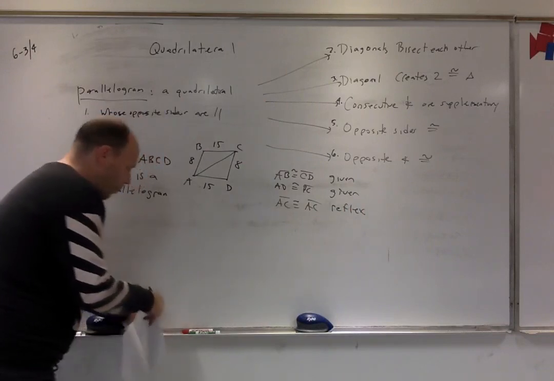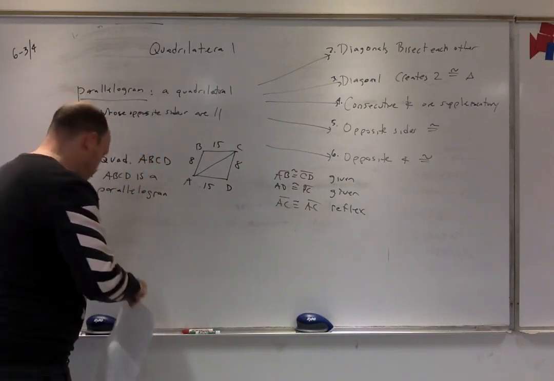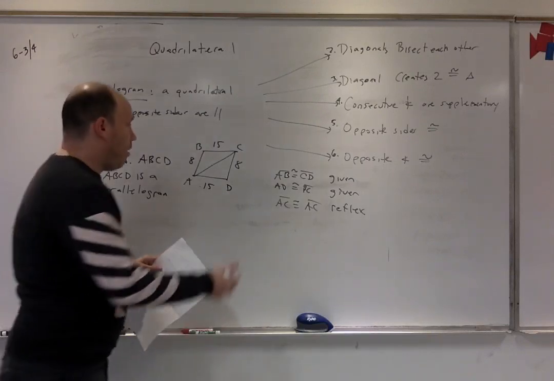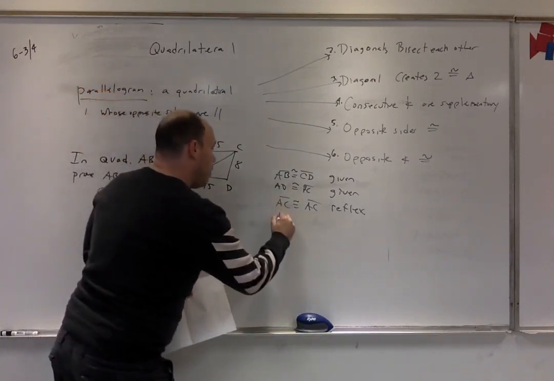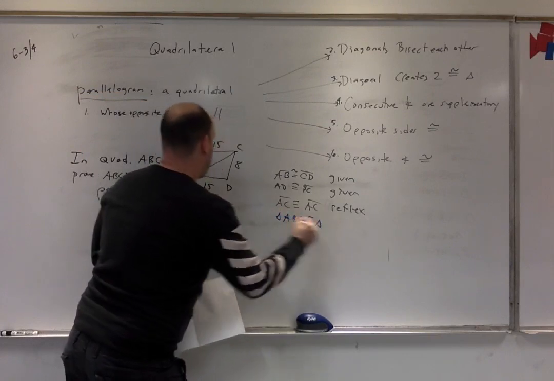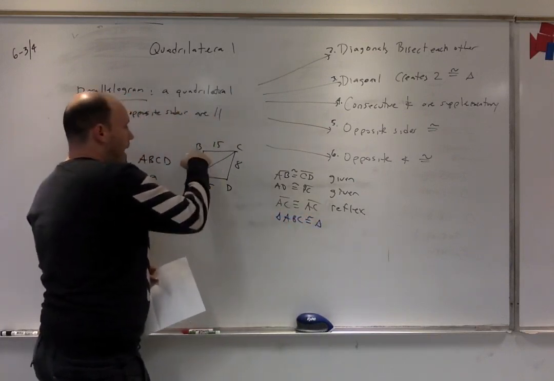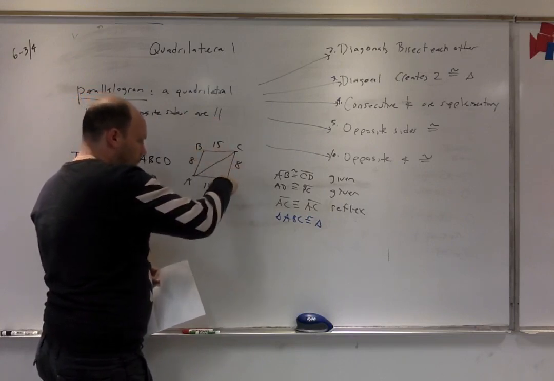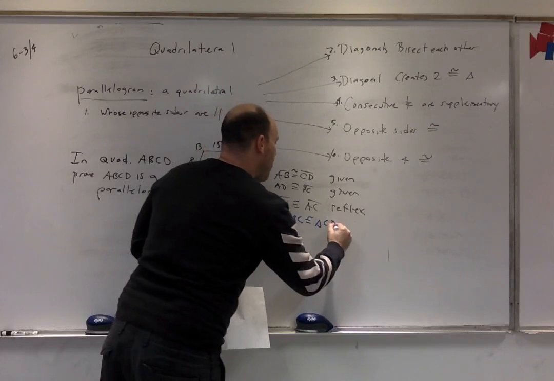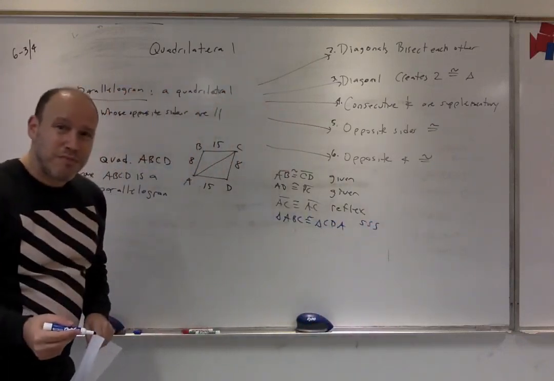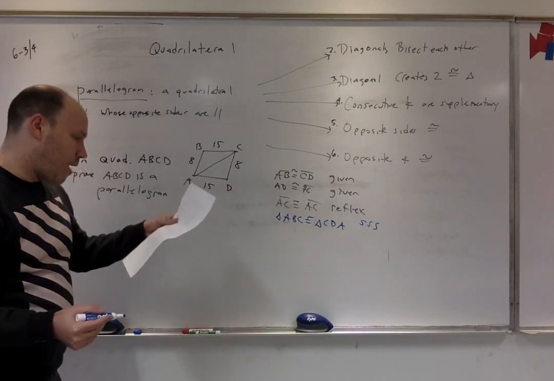Let me use a different color because my black pen is going dry. What's next? Well, I have side, side, side. Triangle ABC is congruent to triangle CDA, side, side, side, right?